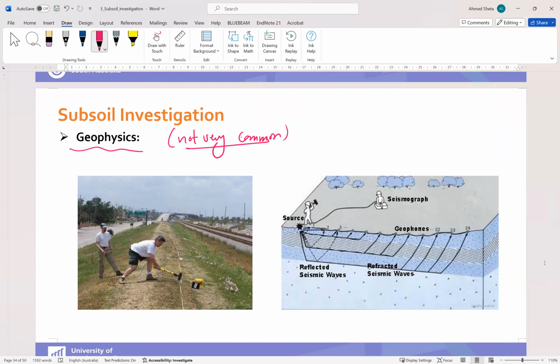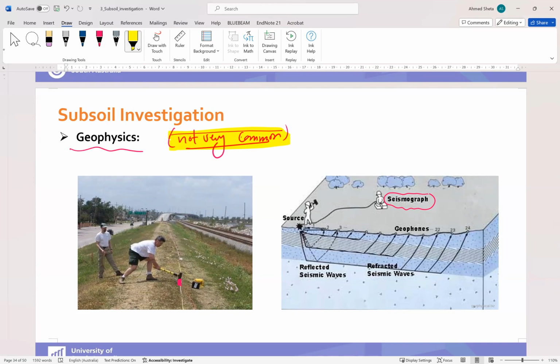As you can see, there's something we need to put in the ground to penetrate and hit, and then measure the waves transferred through the soil vertically and horizontally, and record it using this seismograph. Using this wave, you can also have a recording of the soil layers that were hit by the waves. Anyway, this is not a common technique, so you can just know that it exists, but we don't need to go into detail on it.